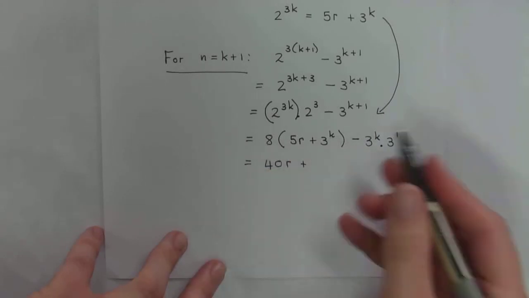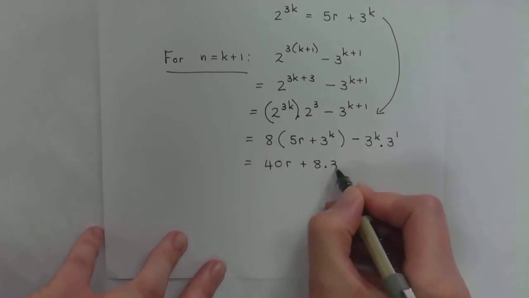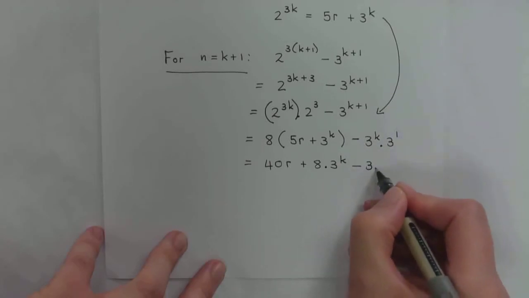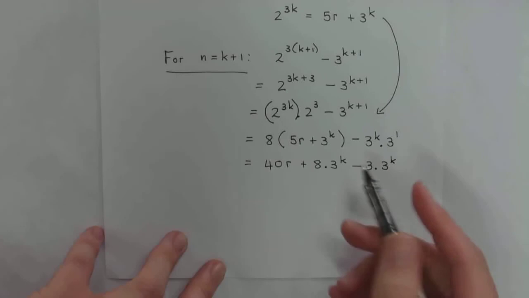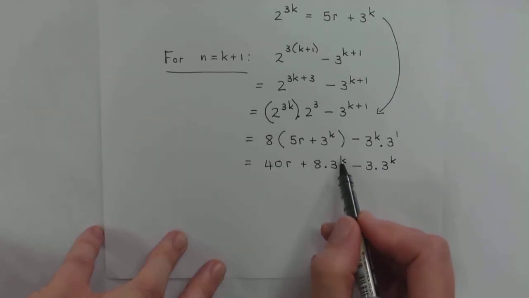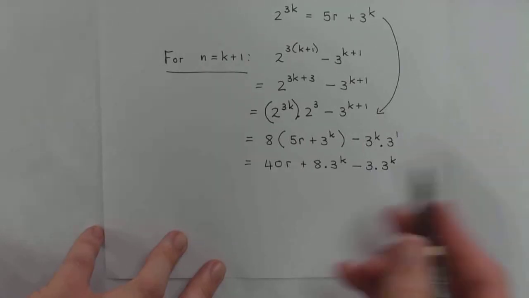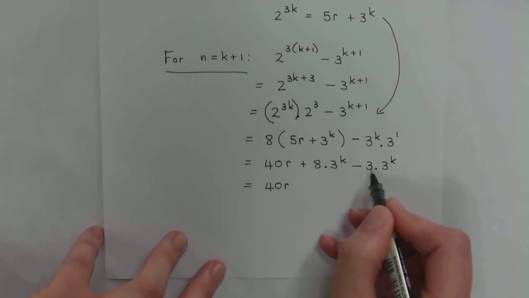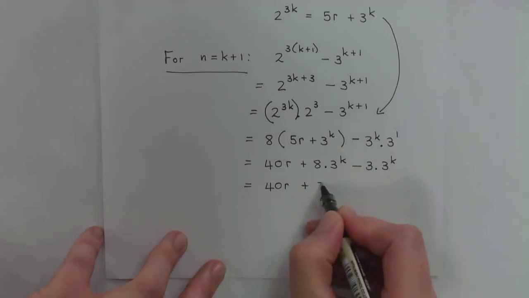plus 8 times 3 to the power of k, minus, and I'm going to move the 3 to the front. Because hopefully you guys will see these are like terms. 8 of those 3 to the power of k minus 3 of those 3 to the power of k. So 8 of those minus 3 of those is going to be equal to 5 of those.